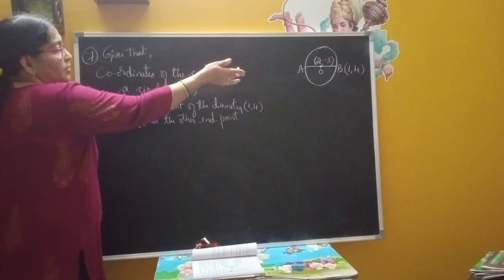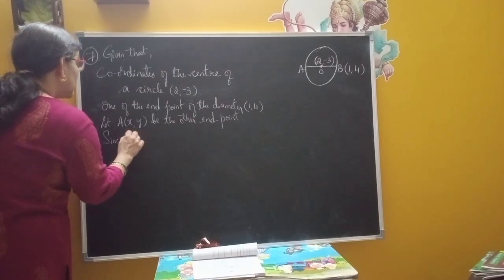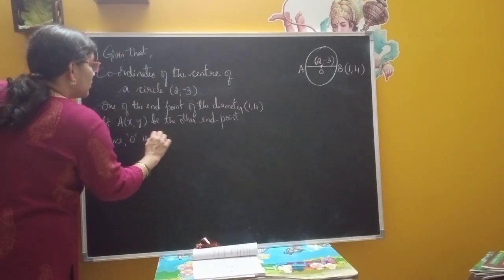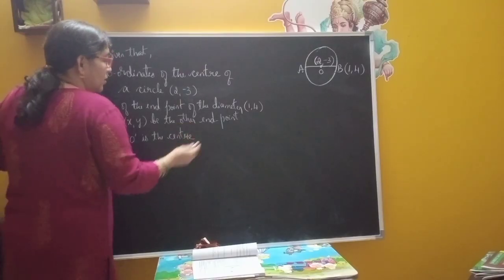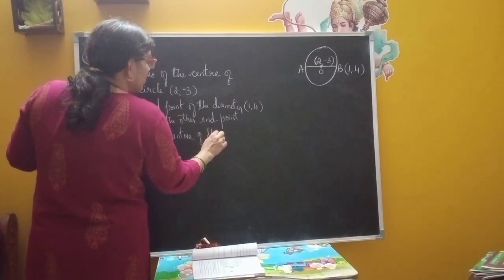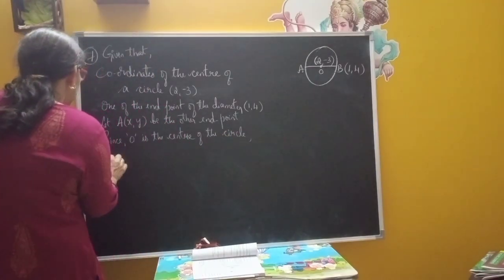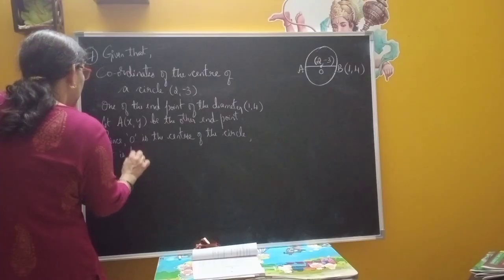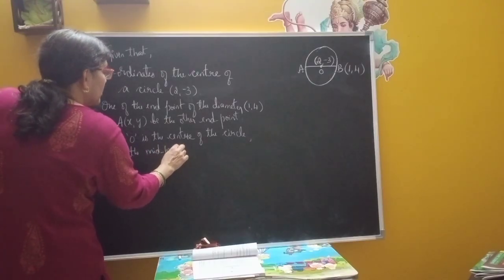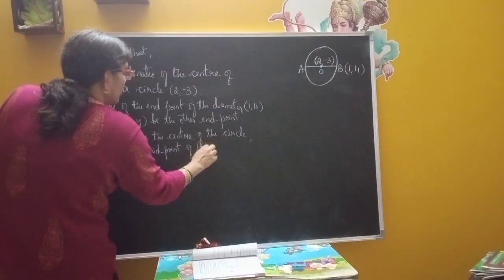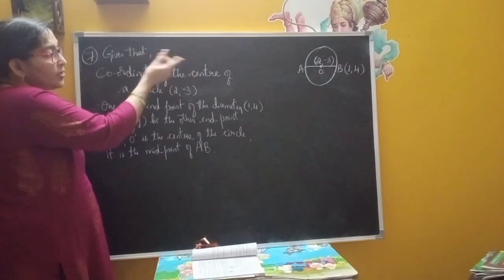Since O is the center of the circle, it is the midpoint of AB. So let us use the midpoint formula.